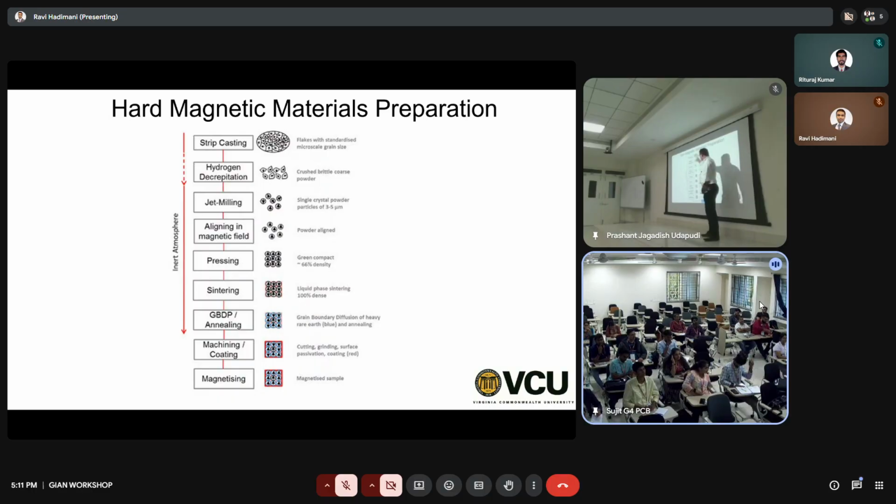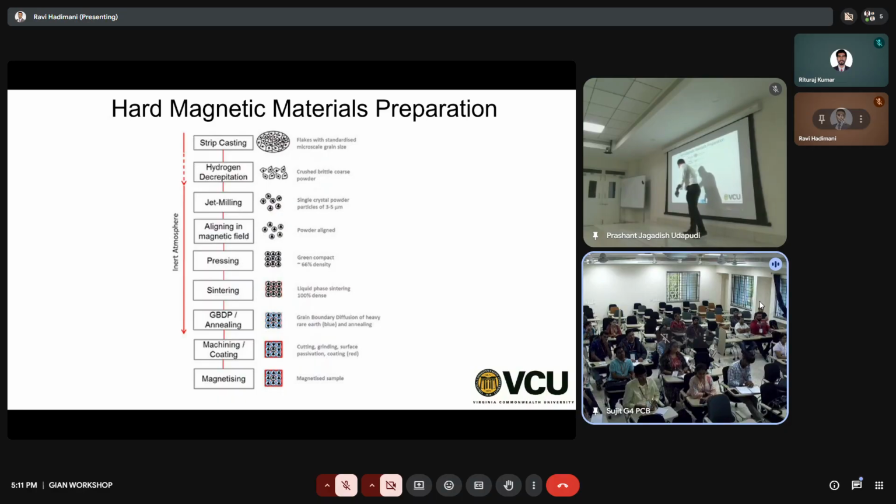You need all these machines. First you strip cast after you make the powder, then hydrogen decrepitation, jet milling, aligning in a magnetic field, pressing in a magnetic field, sintering, then annealing.